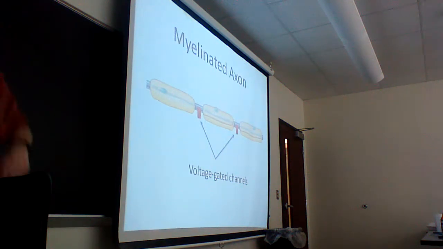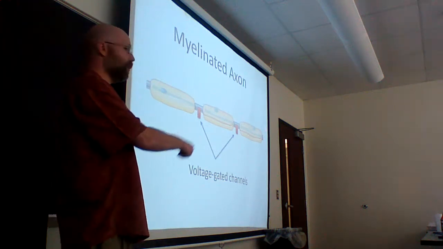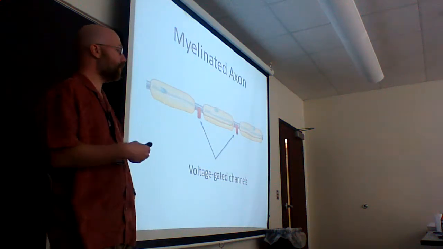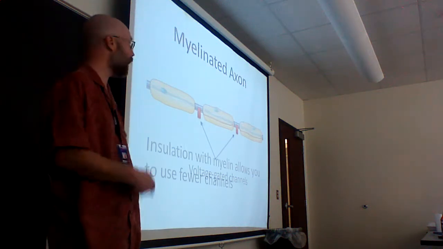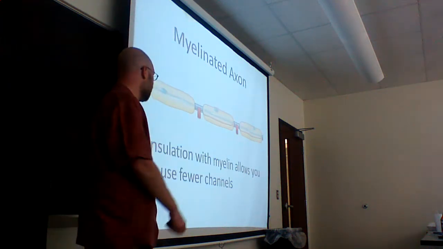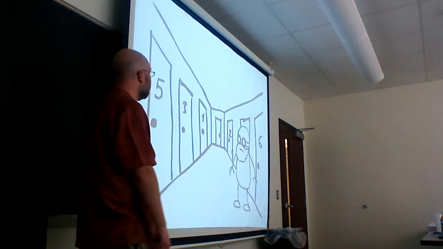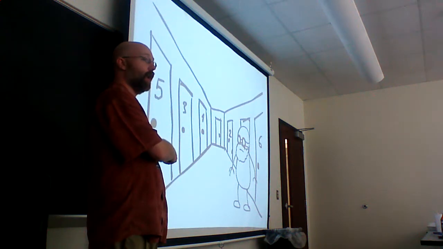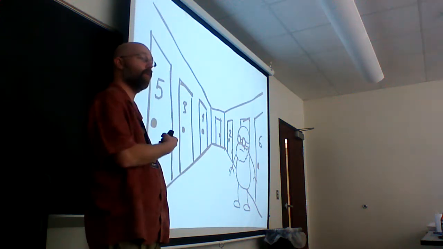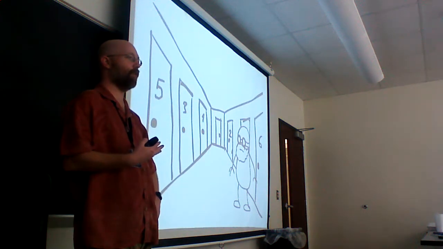It's going to jump from node to node to node to node. And that, as it turns out, is much, much faster. Right? Because you don't have as many doors to open. Because you've got fewer channels. If you only open every other door, it's much faster getting from one end of the hall to the other. Right? Does that make sense, at least on a metaphorical level?